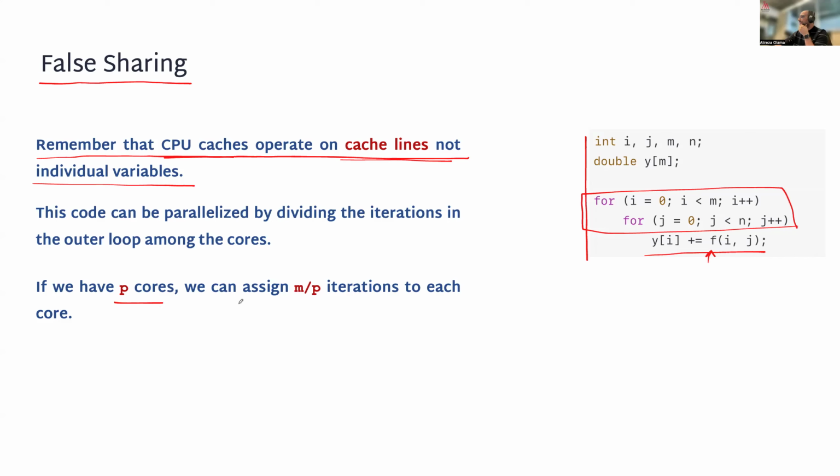And for doing that, we can assign the outer loop iterations to P cores. So basically, if we have M data that we want to work on, we can divide M by P, then we can divide it between P processors, right?